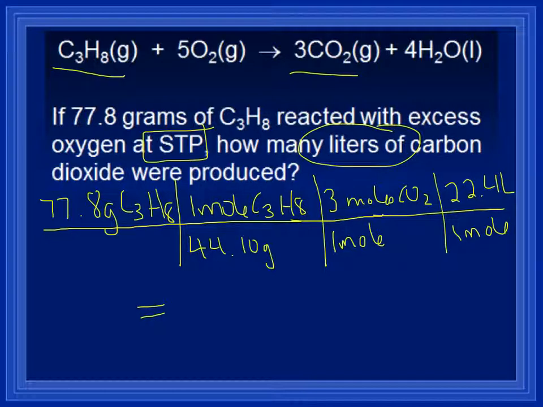Take 77.8, divide it by 44.1, multiply by 3, and multiply by 22.4. And we get the final answer of 119 liters of CO2. That's gas stoichiometry, because we're converting to liters instead of grams down here. So this mole-to-liter step is in place of the mole-to-gram step that we had in stoichiometry to begin with. Let's try one more problem.